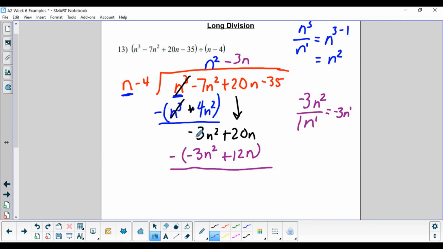So now notice negative 3n squared minus a negative 3n squared. Remember, minus a negative becomes plus. So this is negative 3n squared plus 3n squared. These cancel out, which is exactly what we wanted. And then 20n minus 12n. So 20 minus 12 is 8. And this is n. So this is 8n. Then bring down the negative 35.